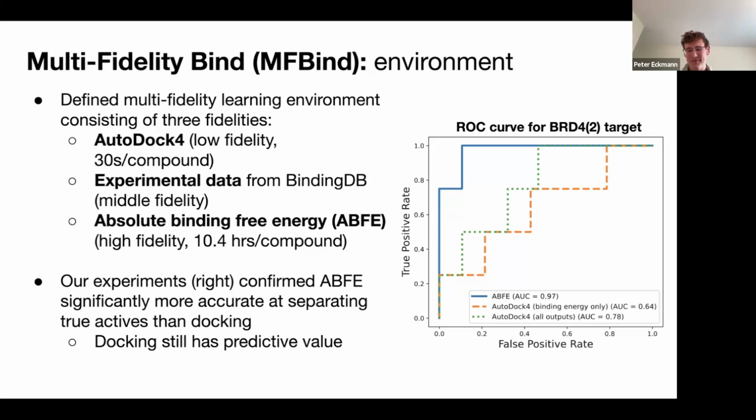So this is a good setup for multi-fidelity learning, because we have a high fidelity simulator that's accurate but expensive, and then a lower fidelity simulator that's not as accurate, but still has some predictive value.